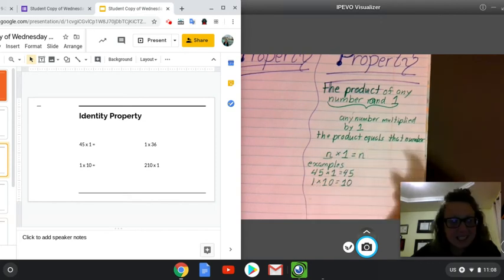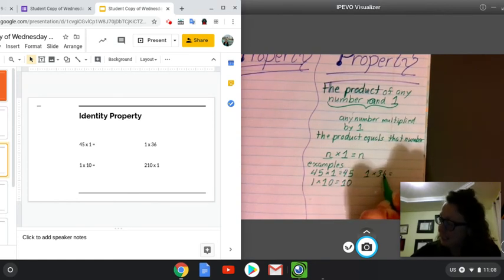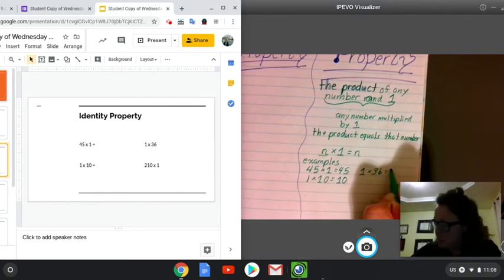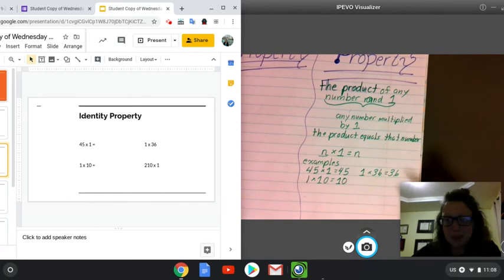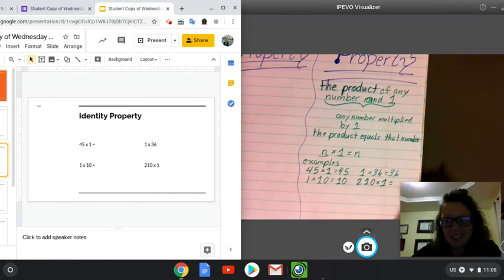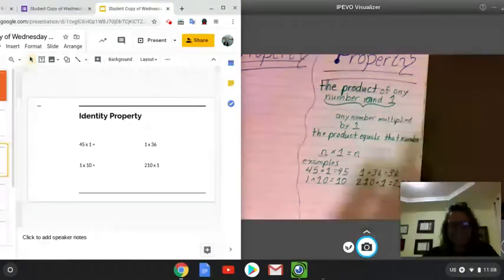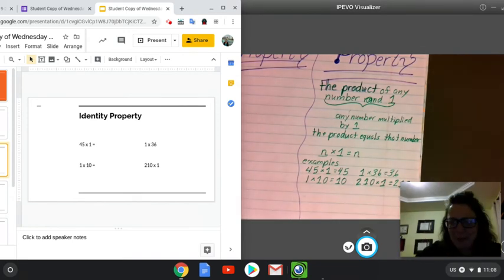It sees 10. 1 times 36, any number, so 36 is our number, times 1 is that number. 210 times 1 is still equal to 210. Great job.